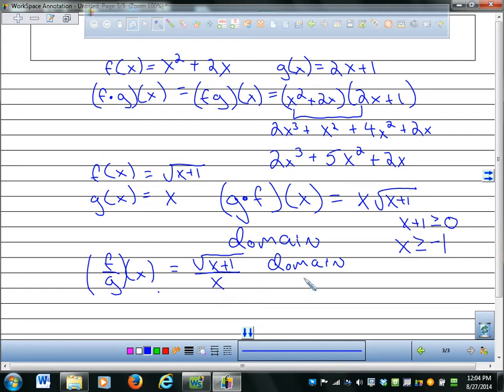And so the domain is x is greater than -1. Do you guys understand why it's got to be greater than, not equal to? Because if I plug in 0 in here, you can't have 0 in the denominator, it's undefined.